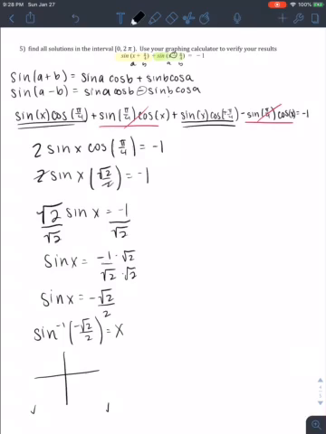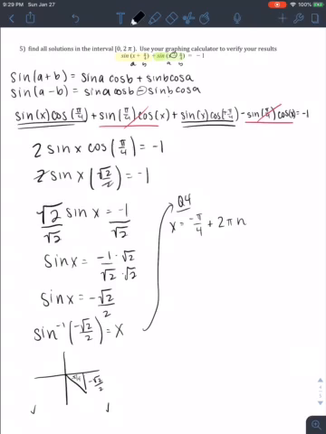And I know that angles of root 2 over 2 have a reference angle of pi over 4. So I know that x, this is from quadrant 4, x is equal to negative pi over 4 plus 2 pi n.